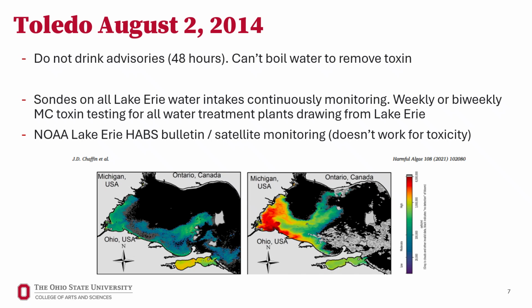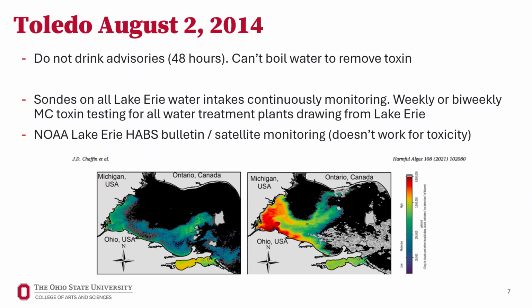Operators were concerned that this toxin may have entered the drinking water for the city. And since you cannot remove the toxin by boiling water, a do not drink advisory was issued. This meant that the people of Toledo were not able to use their tap water for drinking, cooking, or bathing for 48 hours.